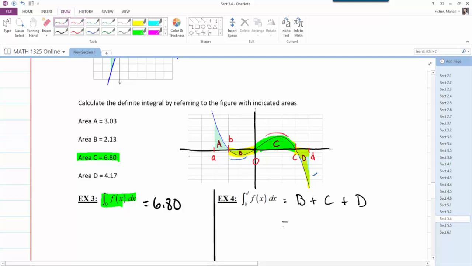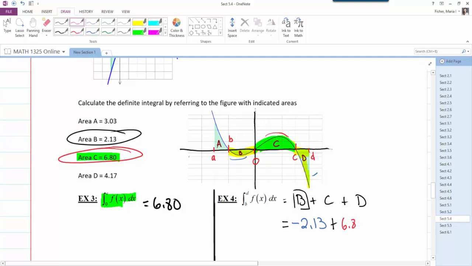So this is equal to, well, the area for B is 2.13 units, but it lies below the x-axis, so we'd say negative 2.13, plus the area for C lies above the x-axis, and that is 6.80, plus the area for D lies below the x-axis. Since it lies below the x-axis, we know it's going to be negative, so that's negative 4.17.